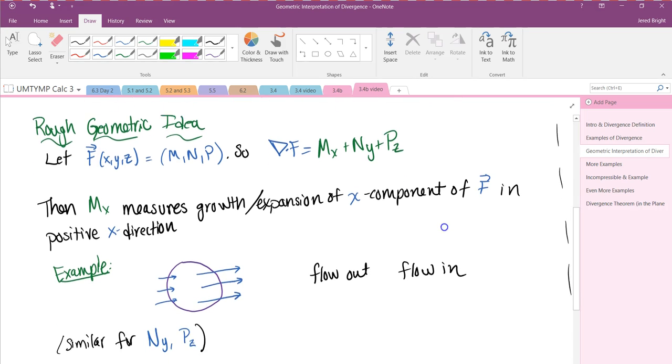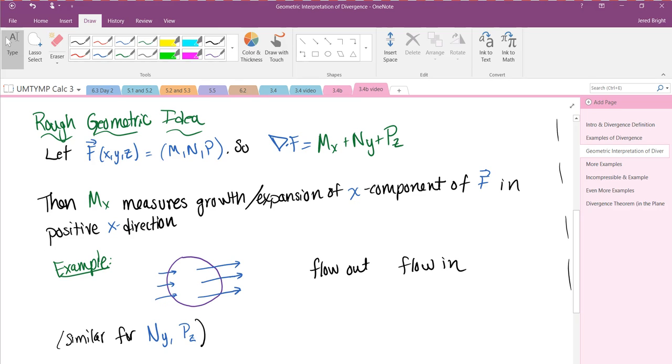Okay, so we're looking at a small region within our vector field, and in this case, we have this scenario where more is flowing out than is flowing in. So we say flow out is greater than flow in, and this means that mx is going to be positive.